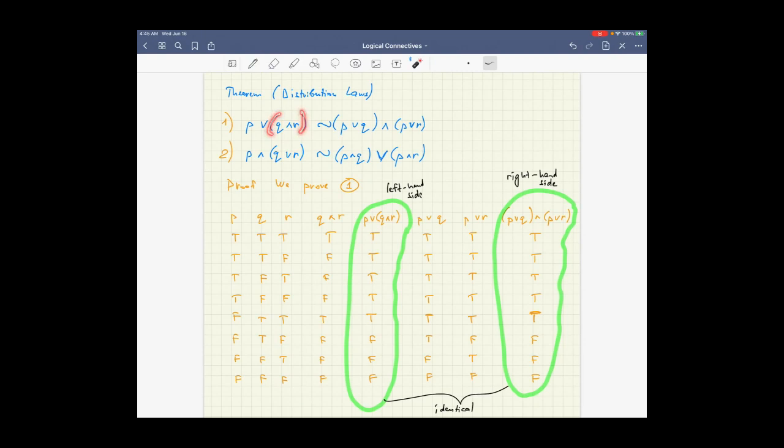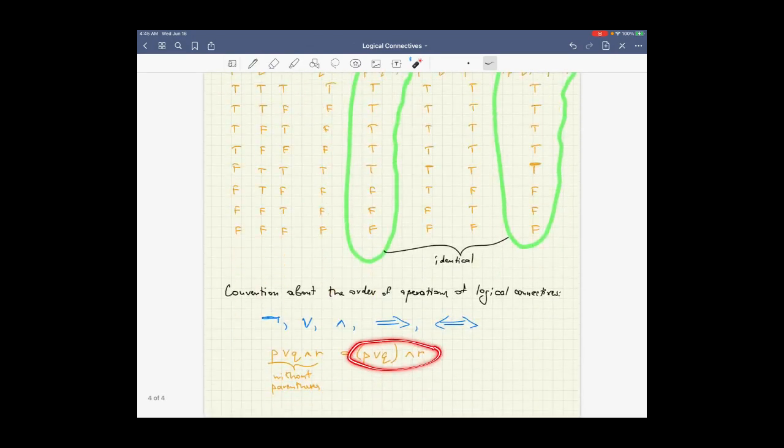So parentheses were important because we want this, not this. These are different things. These are not logically equivalent statements.